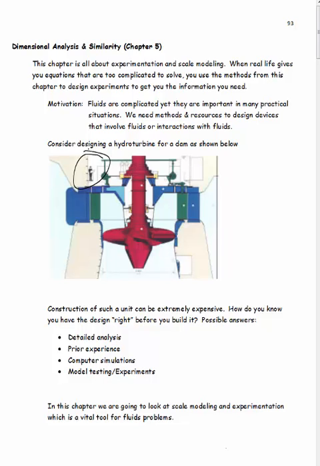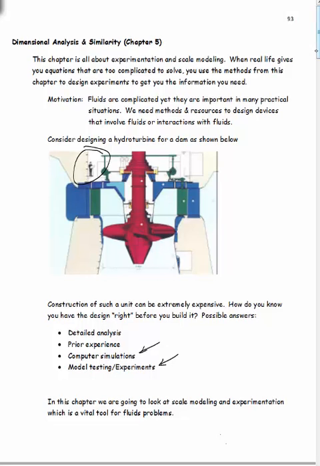So instead what you're going to do is you're going to start your design with computer simulations. Okay, and they'll give you a lot of information, but they're not always super accurate. So then what you want to do possibly is go to model testing or experiments, and that'll give you more information. So this chapter is really all about the experiments, okay?